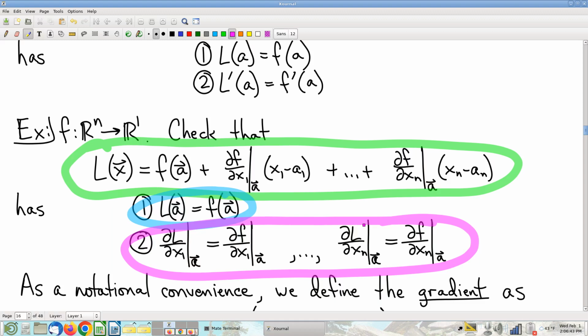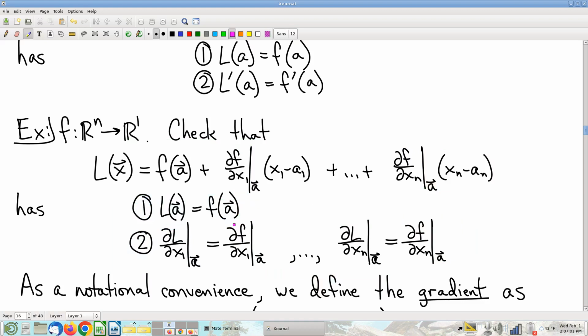Now, I owe y'all an explanation of how it is that this function, in fact, agrees with f in terms of value, and agrees with f in terms of all of its partial derivatives at the point A. So, here we go. How do we know this is true?